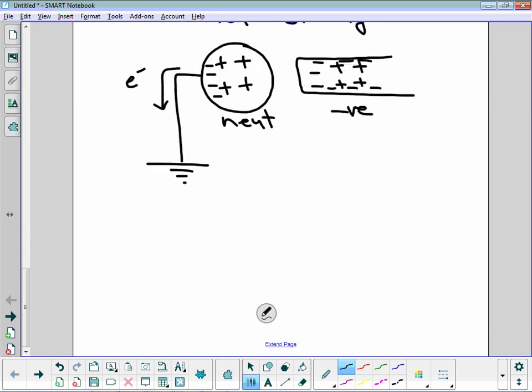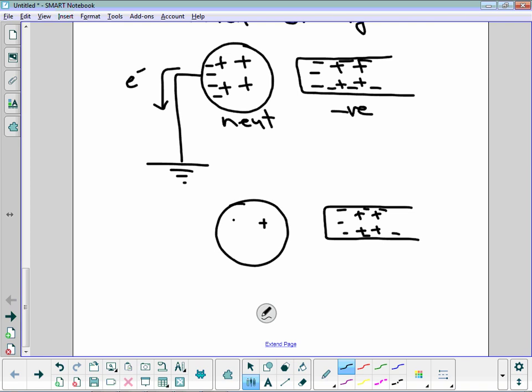Now we're going to cut the wire. We still need to have our guy nearby. We're going to cut the wire. Whoops, that's supposed to be a plus, not an asterisk. And I'm going to leave one more guy in here, but we've cut the wire.